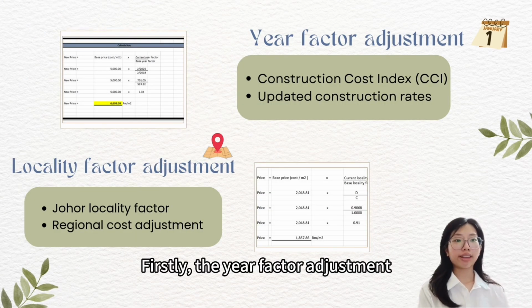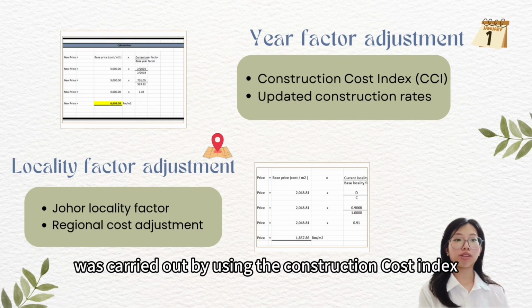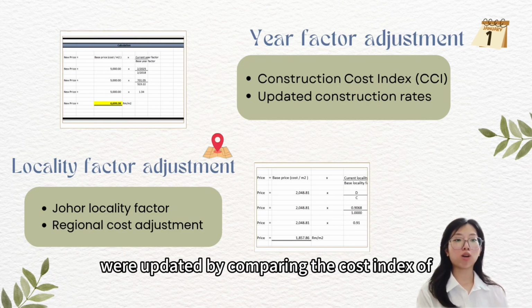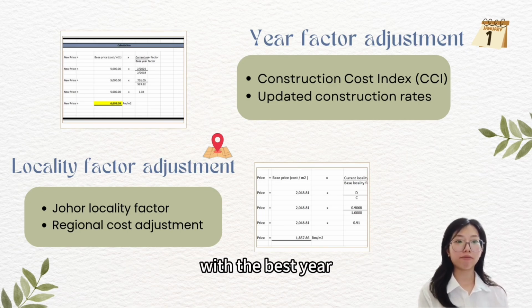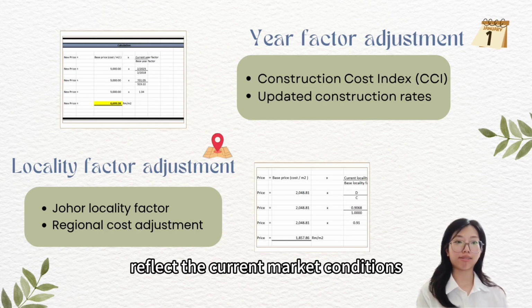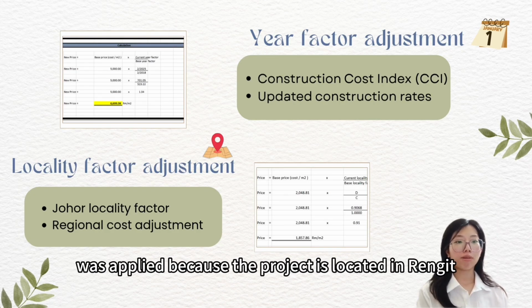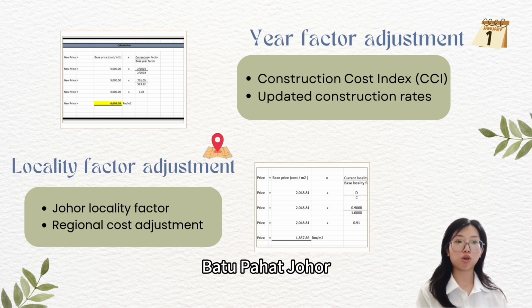Firstly, the yield factor adjustment was carried out by using the Construction Cost Index or CCI. The original construction rates were updated by comparing the cost index of the estimating year with the base year. This ensured that the rates reflect the current market conditions. Next, the locality factor adjustment was applied because the project is located in Rengit, Batu Pahat, Johor.